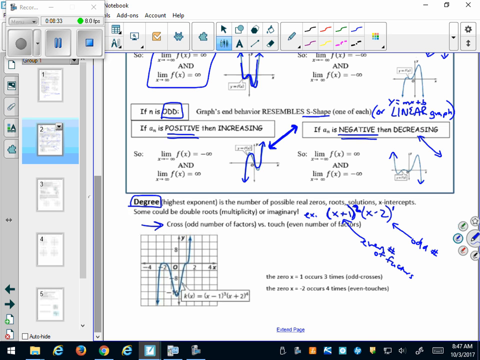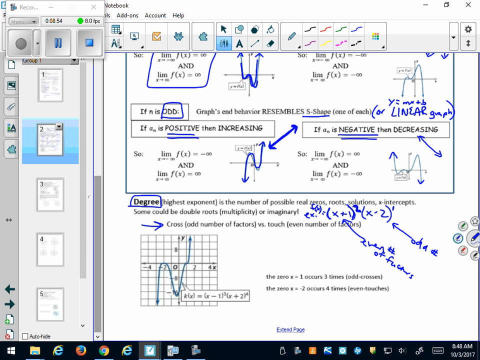So when we have an example of a function like this, we know just by that factored form that when it's an even number of factors, it's just going to touch the x-axis, not go through it.